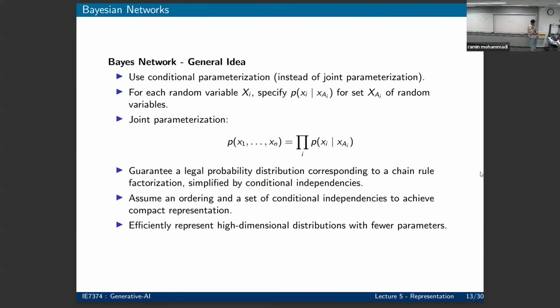Now that's the idea behind Bayes networks overall. The main idea in a Bayes network is that instead of using the joint parameterization, we are using conditional parameterization. That means we assume that the probability of a node, or a value, only depends on the prior nodes or values.